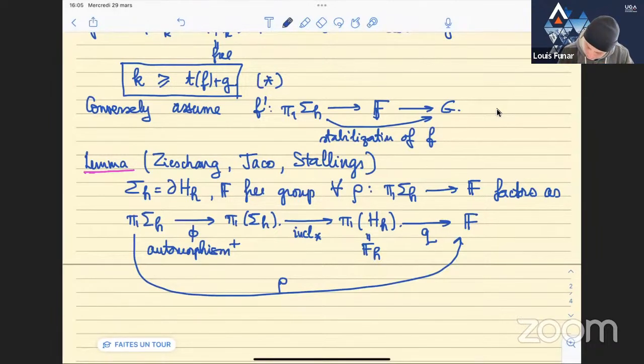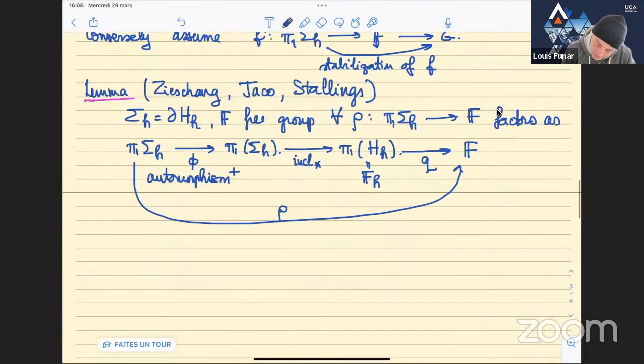So I assume this lemma, and there are many recent proofs about that, and some basic things about surface groups and free groups.